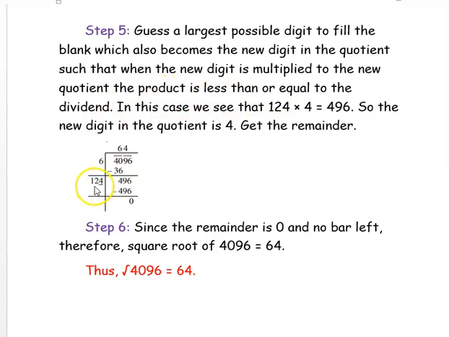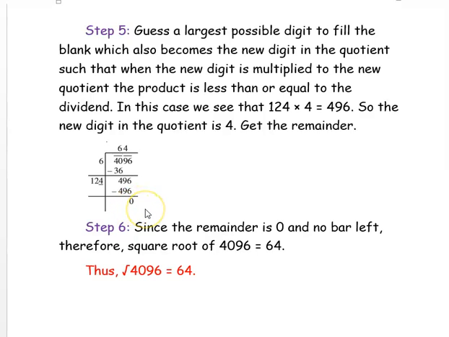This digit is 4. If you take 124 into 4, you will get 496. Now I am subtracting 496 from 496, so I get the remainder 0. So the quotient is 64 and the remainder is 0.